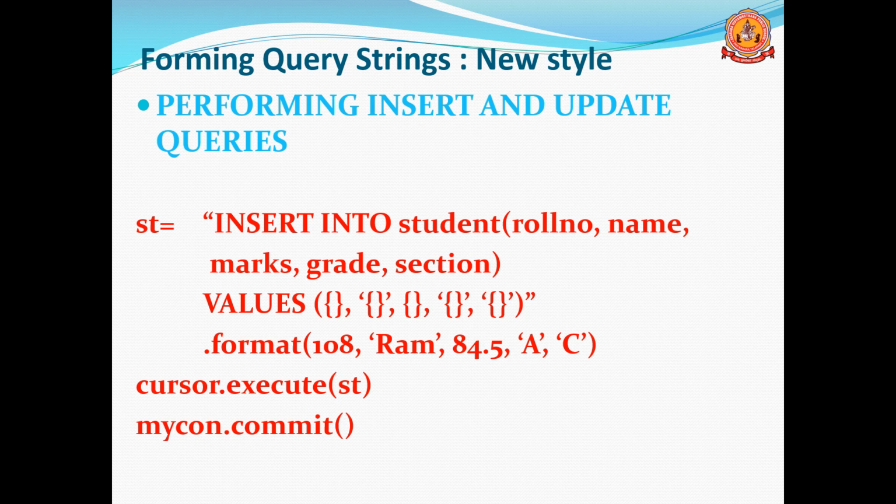Then I can use cursor.execute of st. So the query stored in st will be executed. Then I have to use mycon.commit, meaning after executing the insert statement we have to commit, so the data will be written into the database.